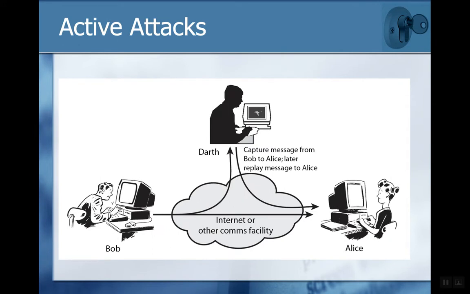Active attacks, in this case, one of the scenarios we've got here would be our hacker capturing the message, and then that same message can be replayed back, and maybe perhaps modified and then replayed back to kind of take the form of an attack.